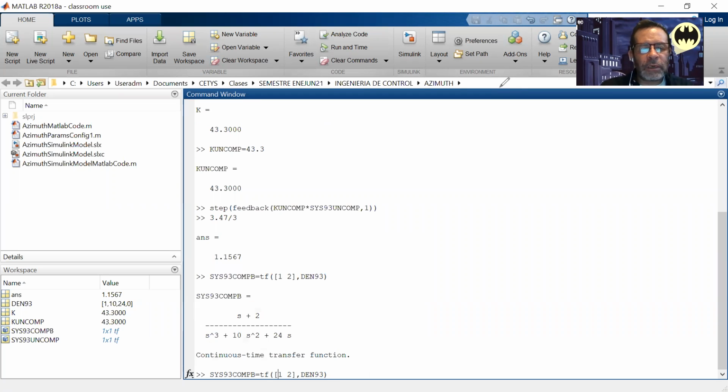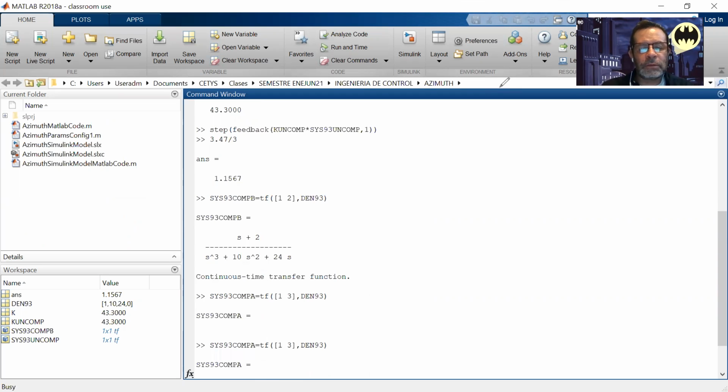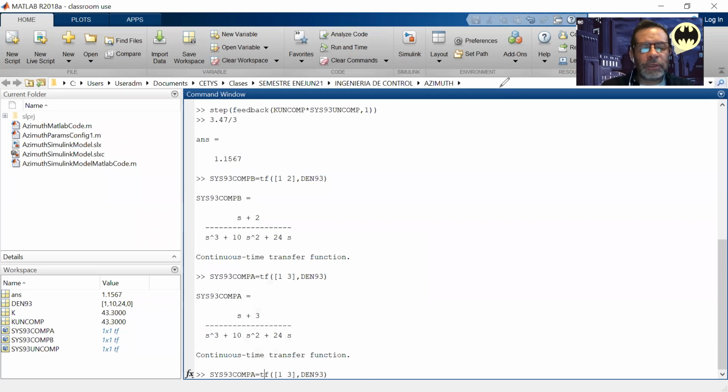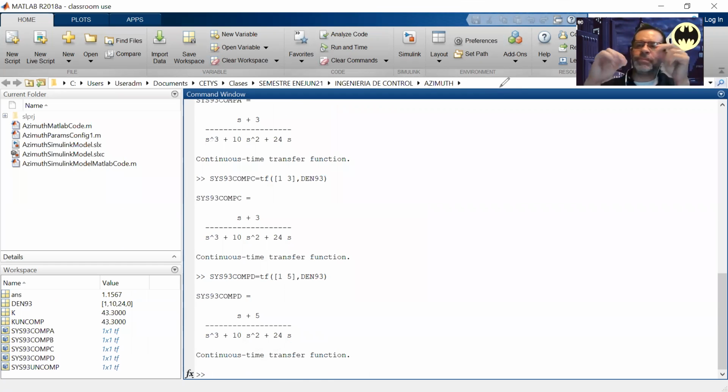Then syscomp C is going to be a value of 3, and D is going to be a value of 5. We can play around with those values, like 3.2 or 2.3. I'm just giving them whole values to prove a point here.